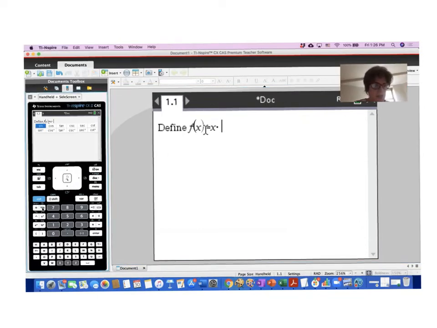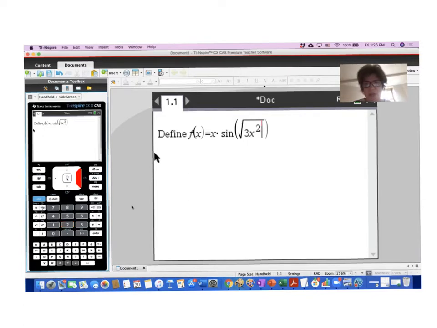So I go to the trig key and I hit sine, and the square root, so it's control square, and I type in 3x up arrow 2, go to the right to get out of the exponent, plus 5. And that's f of x. Go out of the parentheses and press enter.